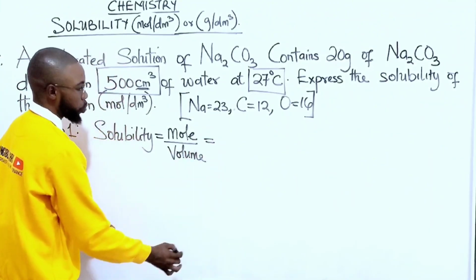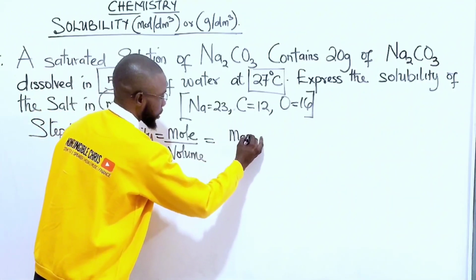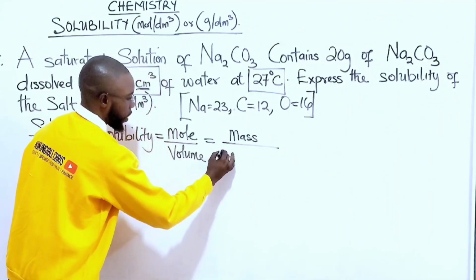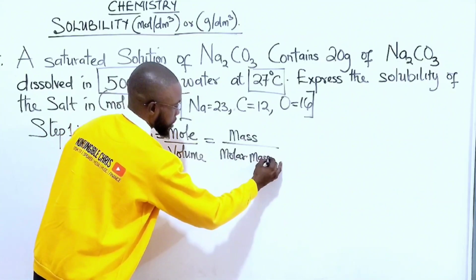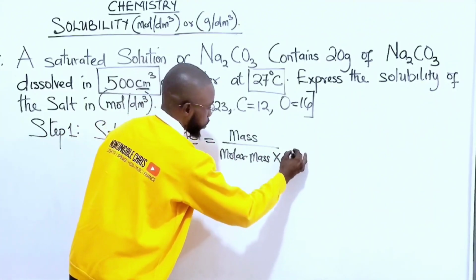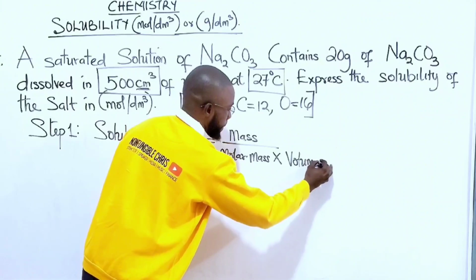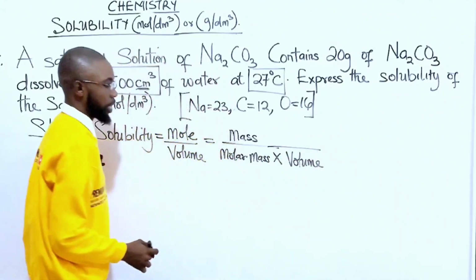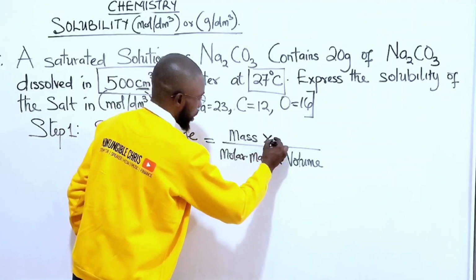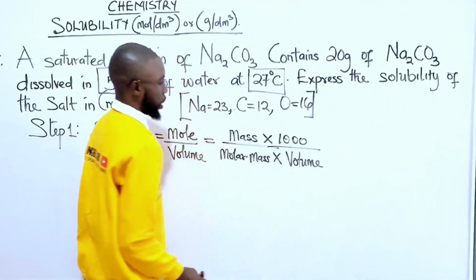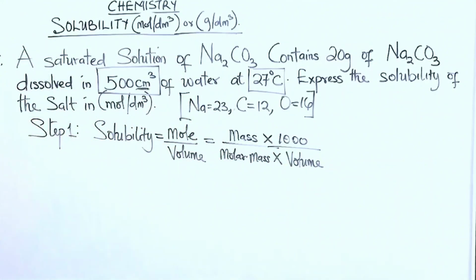The easiest way is to put your mass over molar mass times the volume. But I said if the volume of the water is given in cm cube, we multiply by 1000, and I'm going to explain why we multiply by 1000. So step one, we have the formula.